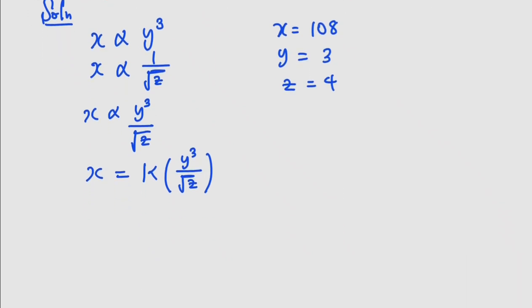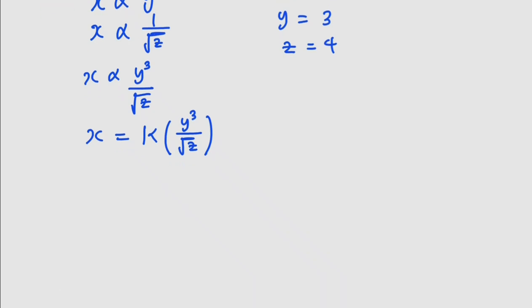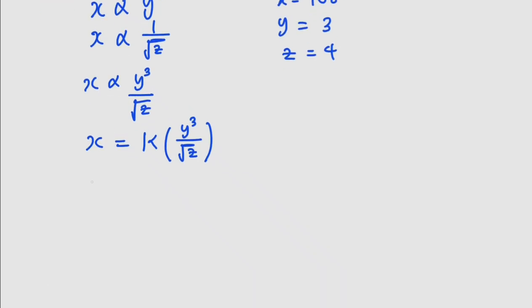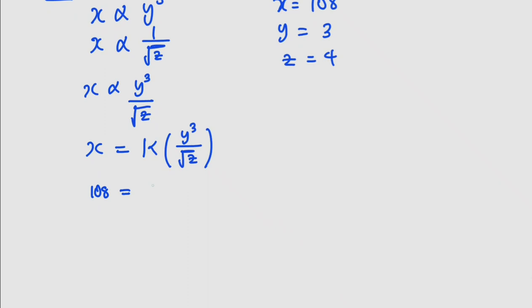This set of conditions is for us to be able to find k. So we have 108 equals k times y cube, which is 3 raised to power 3, all over square root of 4.